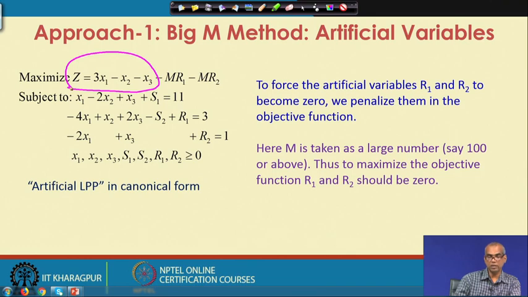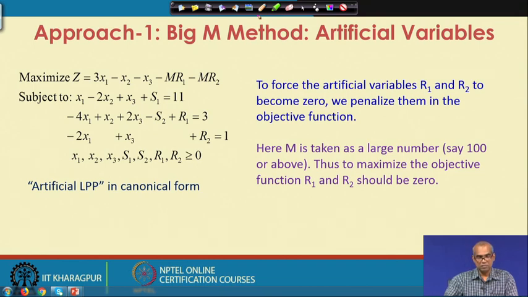Now, I have included minus M R1 minus M R2. I am solving a maximization problem. So, values of R1 equal to 0 and R2 equal to 0, given M a positive large number, will maximize the objective function. Note that the value of M is usually taken a large number, say 100 or above.